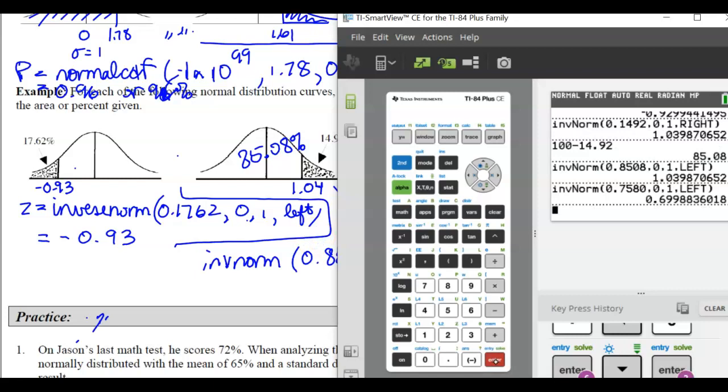Okay, and so 0.70. And that's your z-score.